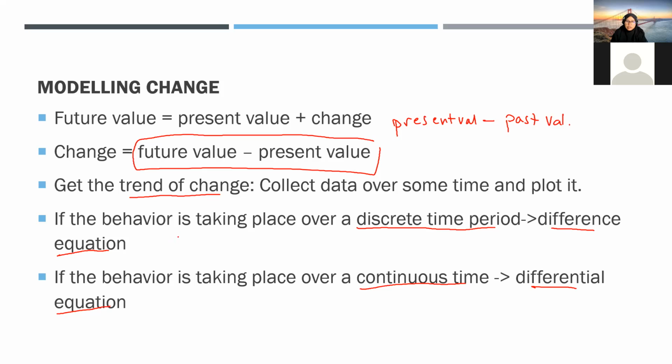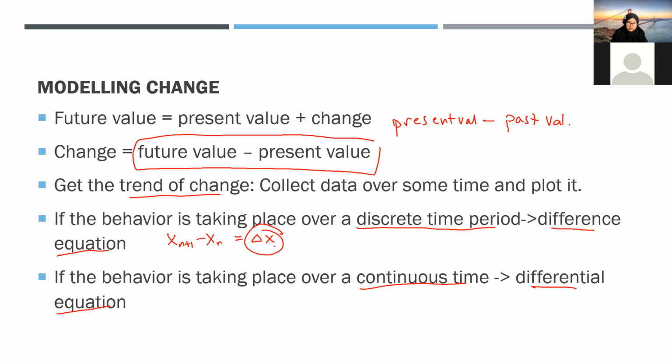So for example, a difference is something like this: x of n plus 1 minus x of n. I define this as delta x.